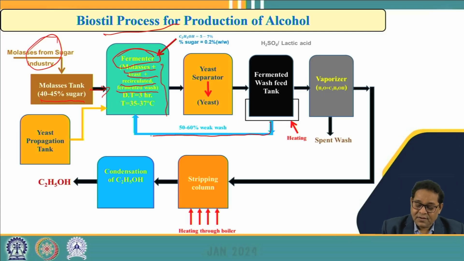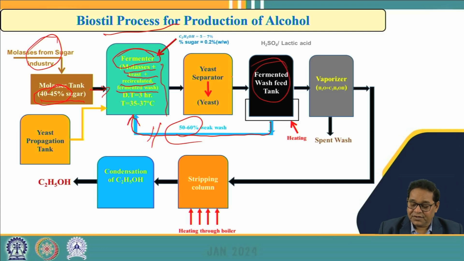This is the fermented wash which is generated after fermentation, and it is recycled here. Recycling is done basically to control the percentage of sugar content, because the sugar content is 40 to 45%, so approximately 50 to 60% of this weak wash generated in the fermented wash feed tank is recycled here so as to reduce its sugar content to less than 10 to 15%.